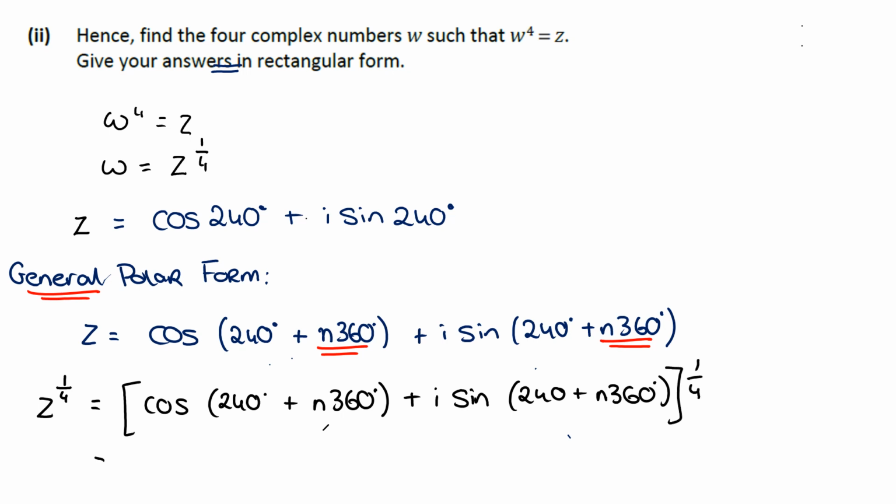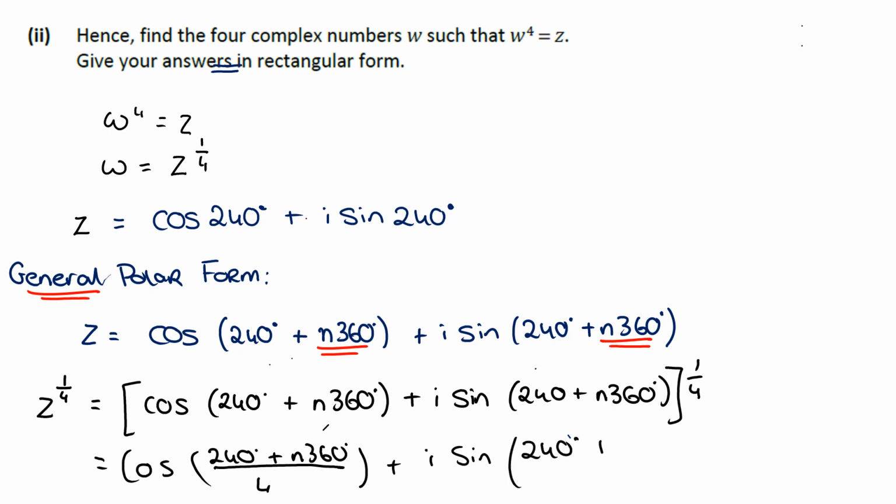So how that works using de Moivre's theorem, you're going to get 1 to the power of a quarter, which is still 1. And this becomes cos, and you're going to multiply. So it's going to be 240 plus n360 multiplied by a quarter, so that's all over 4, plus i sine 240 degrees plus n360 degrees all over 4.